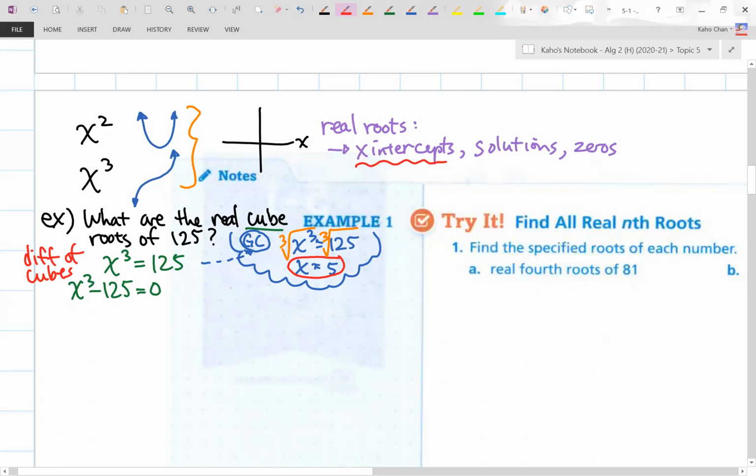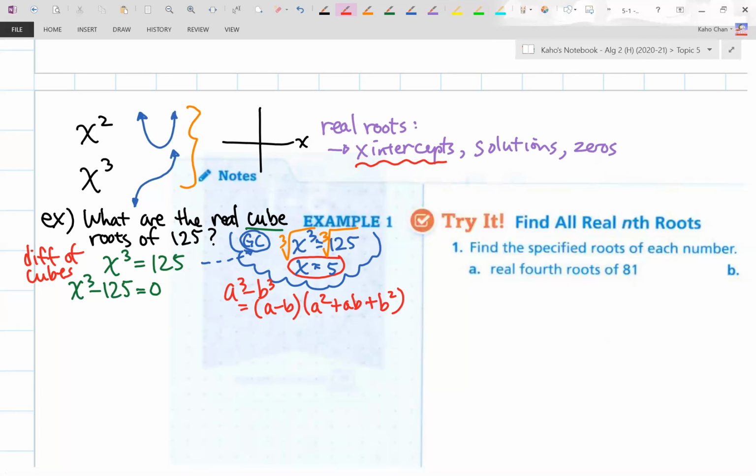And there's an actual formula that we can use to factor it. Here it is off to the side. A cubed minus b cubed equals a minus b times a squared plus ab plus b squared. This is a formula that we give you on the final. You don't have to memorize this, but you have to recognize it as being a difference of perfect cubes. The cube root of x cubed is x.